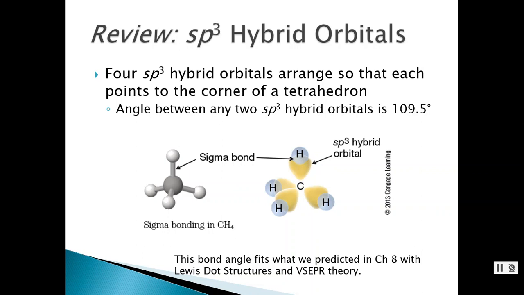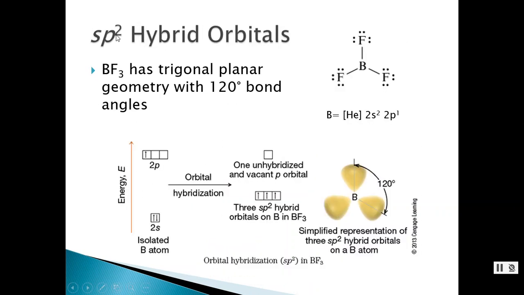So this concept of hybrid orbitals we used to create these sp3 regions of space. We could also use these concepts to form something called sp2 hybrid orbitals. BF3 is an example.